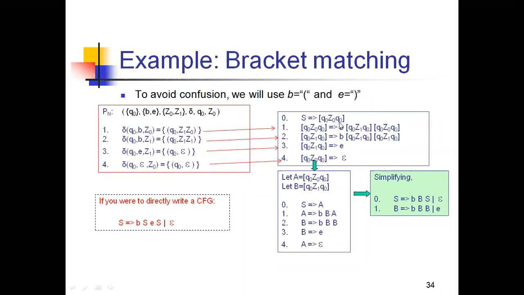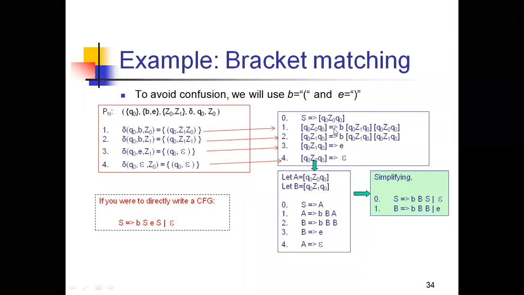And now from this I need to write the rules. Q naught Z naught Q naught is what? See here what input I am having: Q naught Z naught Q naught.